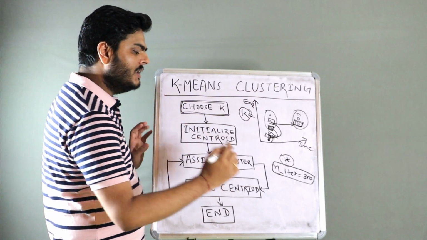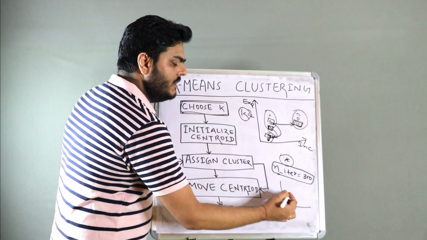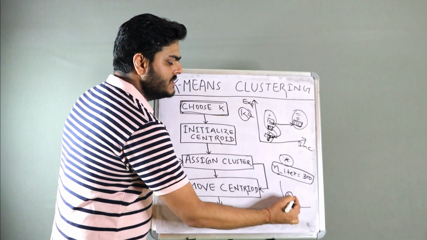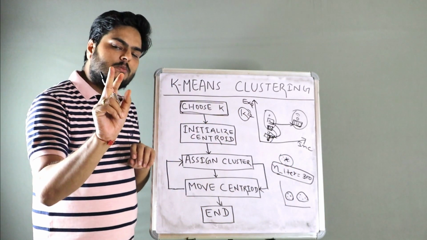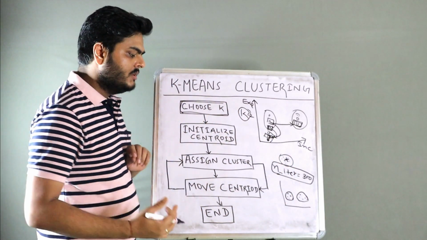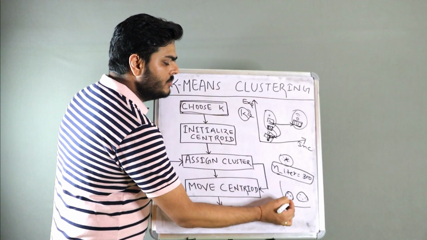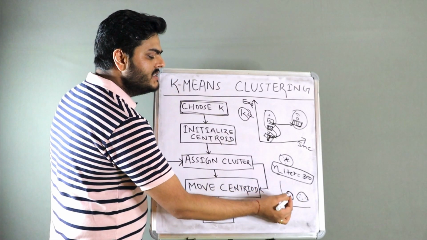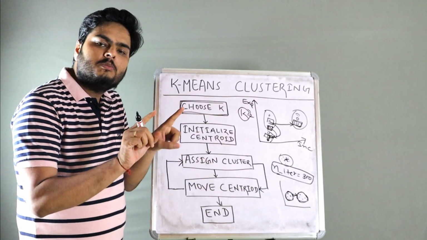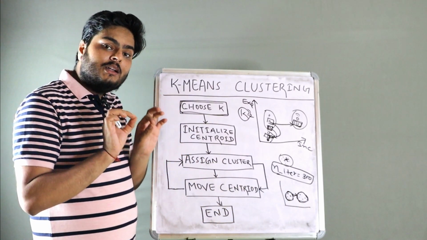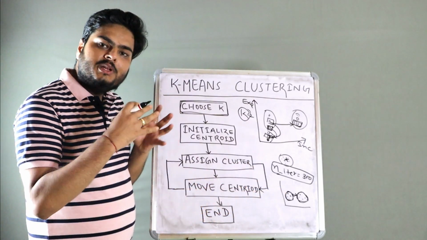For example, if this is xy, this is one cluster, and this is another cluster, there are two things that we are trying to achieve. Points in the cluster should be closer, and the distance between the clusters should be far, which means two clusters should not be close to each other, and points within the cluster should be near to each other.